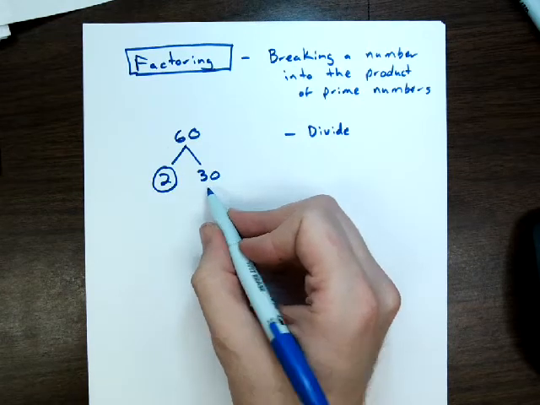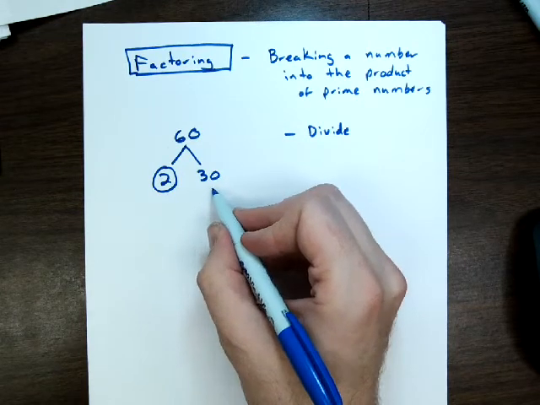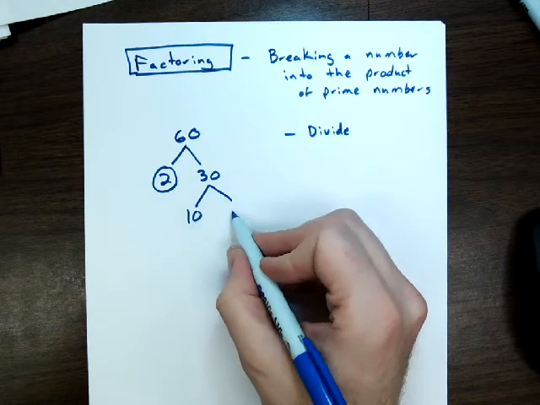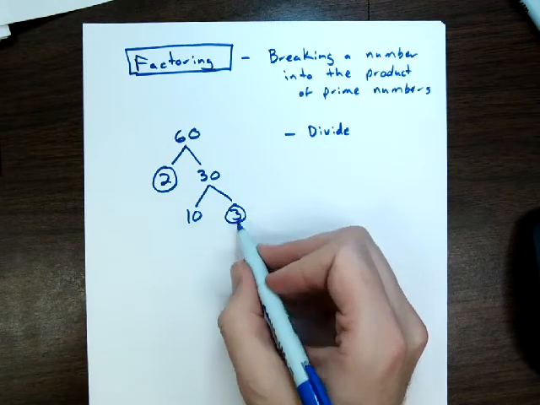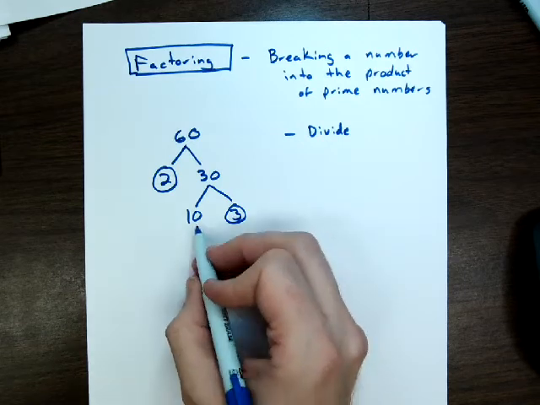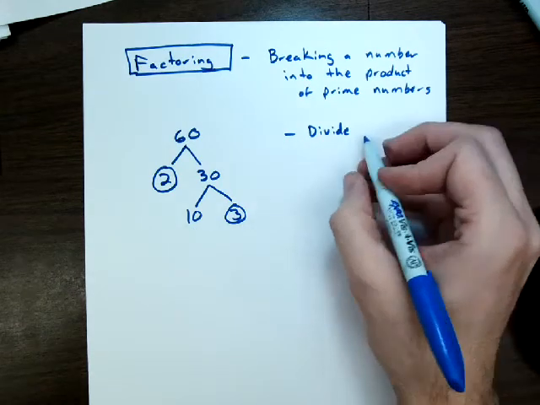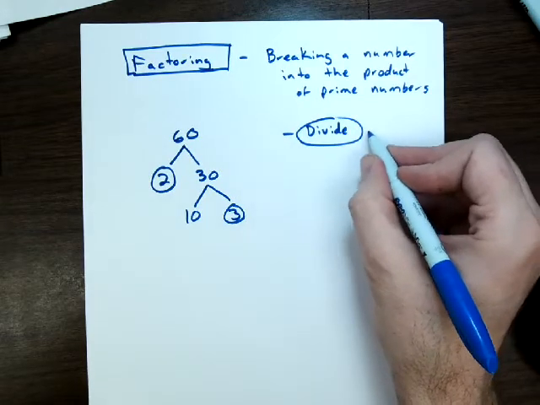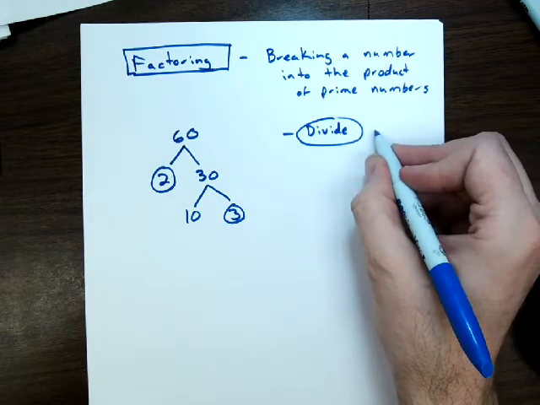30? What happens if I spot that that's 10? That 10 will go into here, and that'll go in there 3 times. Oh, 3 is another prime number. But 10 I can divide. We're going to divide and repeat until we get to primes.